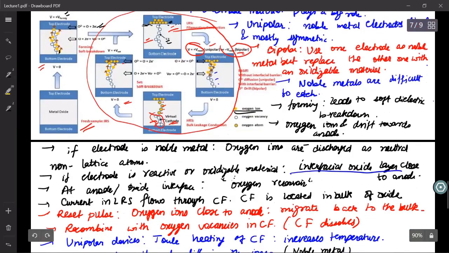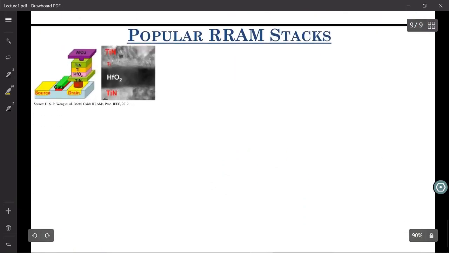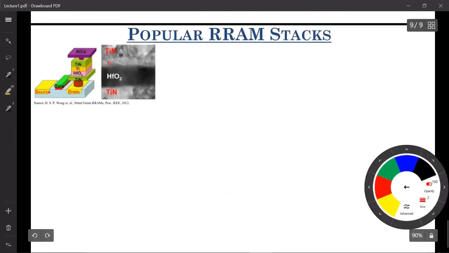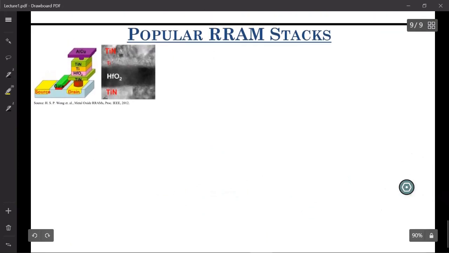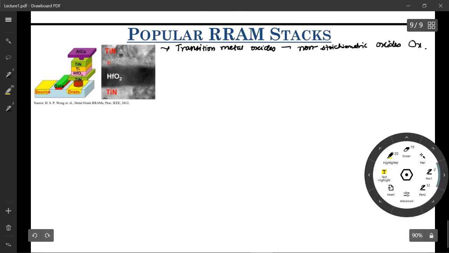Now that we understand the reset mechanism and all, let us read about some of the popular RRAM stacks. So what are the most popular RRAM stacks? Mostly they are some transition metal oxides, and we don't have stoichiometric oxides, we have non-stoichiometric oxides, which we represent as OX.